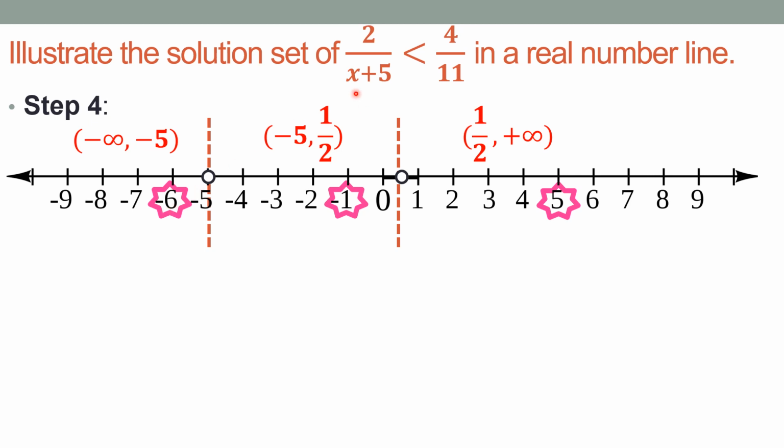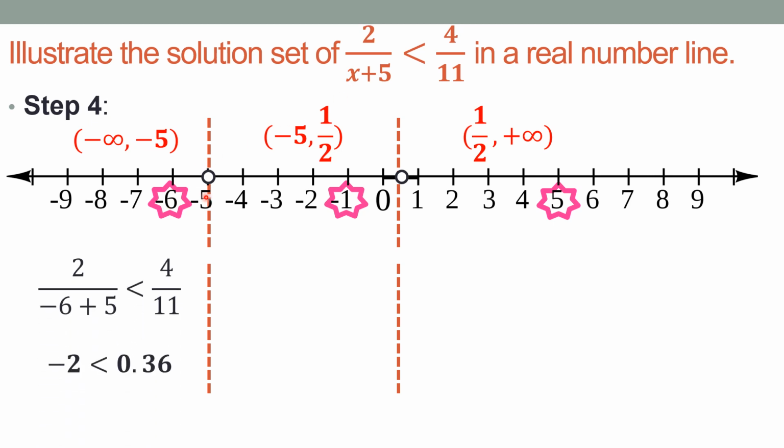So we have the first one, if x is equal to -6, we have 2 over -6 plus 5 is less than 4 over 11. So -6 plus 5 is -1. 2 divided by -1 is -2. 4 divided by 11 is 0.36.